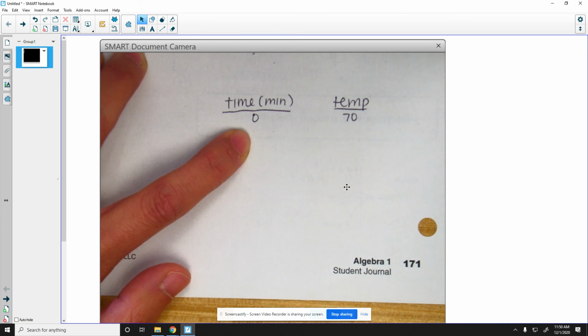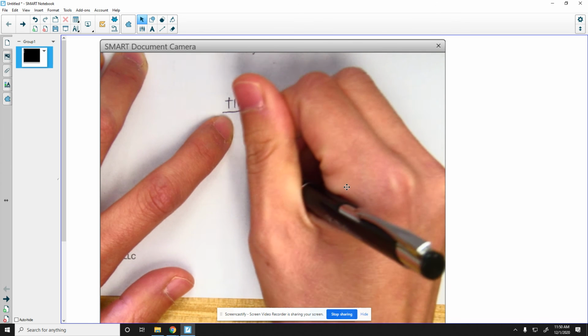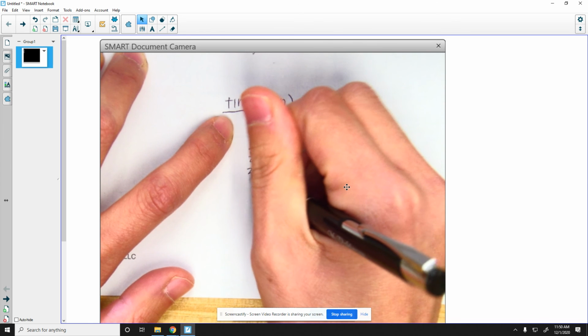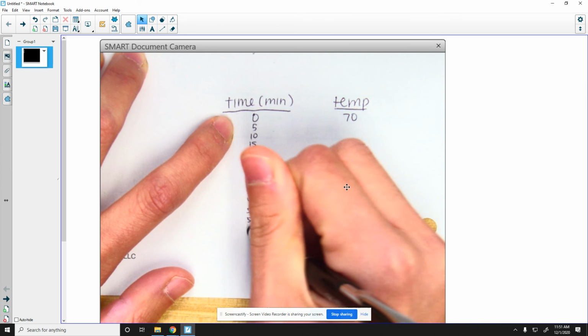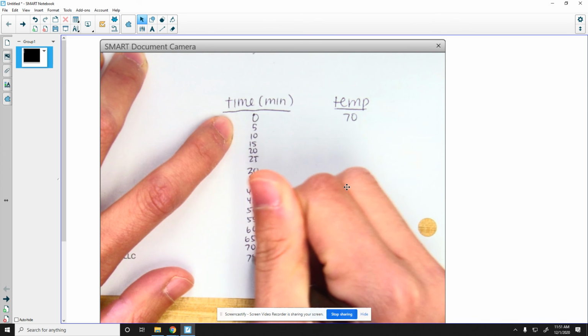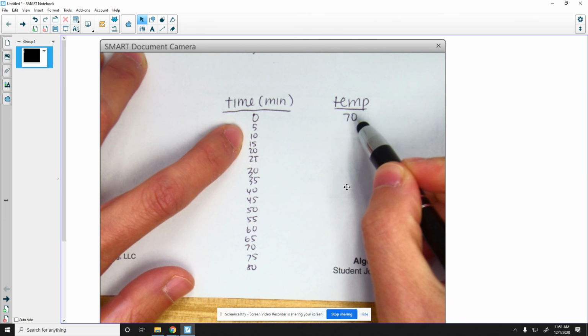Now, let's say you want to put the pie in. So let's say 5 minutes, 10 minutes, 15, 20. You don't have to write this down. I'm just showing you. 30, 35, 40, 45, 50, 55, 60, 65, 70, 75, 80. Okay, good enough. So let's say that you turn on your oven. It needs to heat up, right?